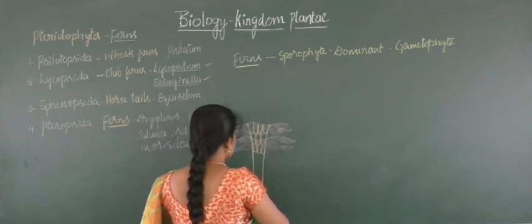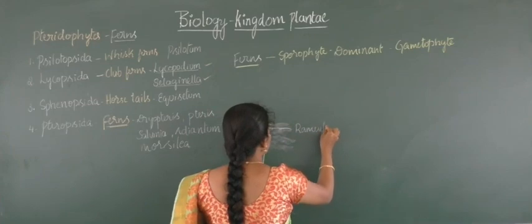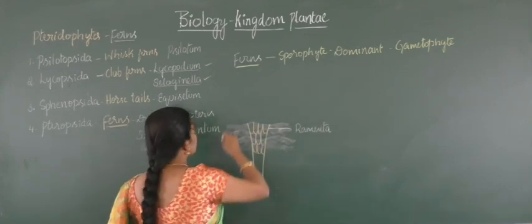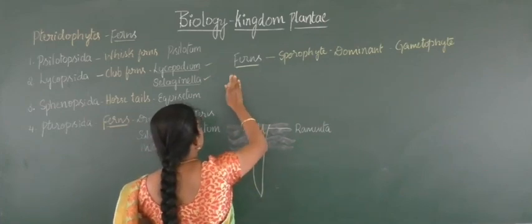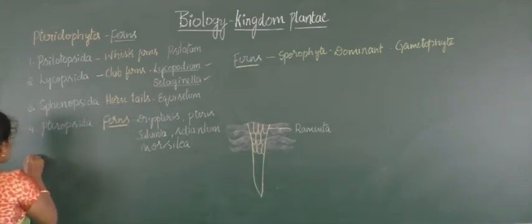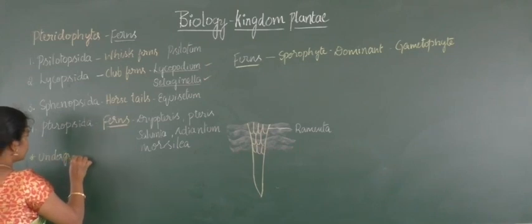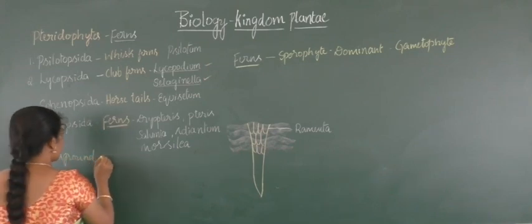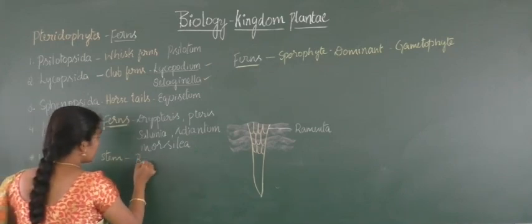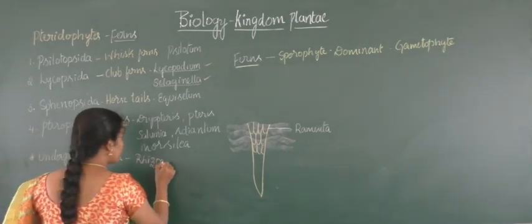So these are considered as ramenta. And always in ferns, write the properties here: the underground stem is called a rhizome.